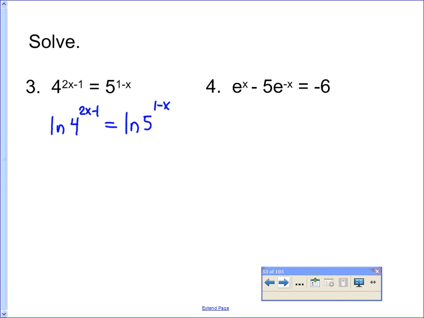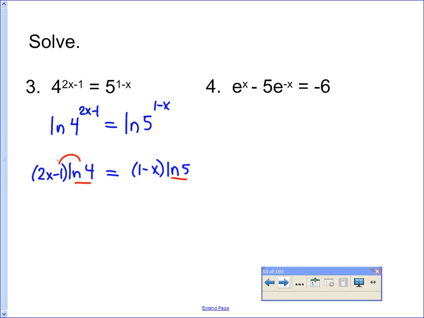That's going to allow us to pull our exponents out front, and we get... Now at this point, what you need to realize is that the natural log of 4 and the natural log of 5 are just numerical values.